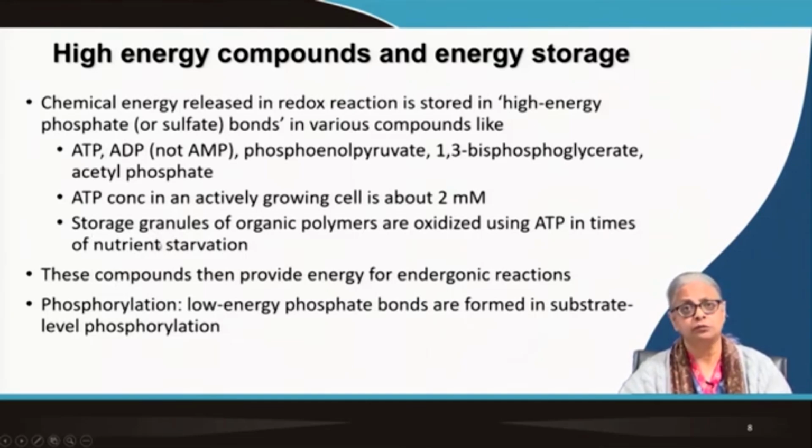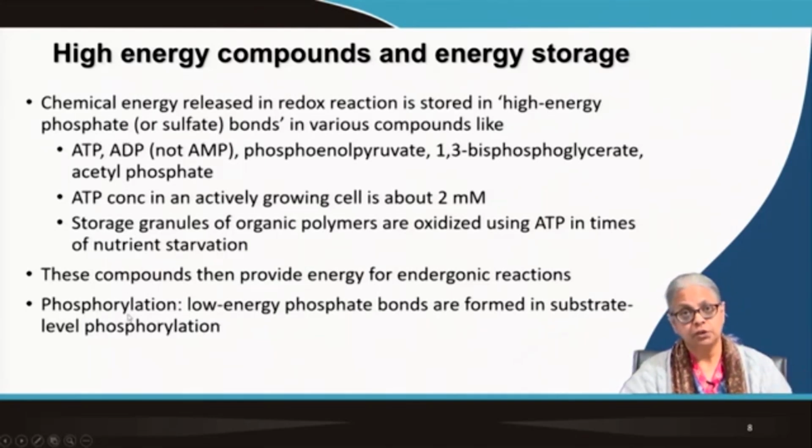Storage granules of organic polymers can be oxidized using ATP when there is nutrient starvation in the environment, or rather when the environment has low levels of nutrients. These high energy containing compounds can provide energy for endergonic reactions, and that's why they are so important.